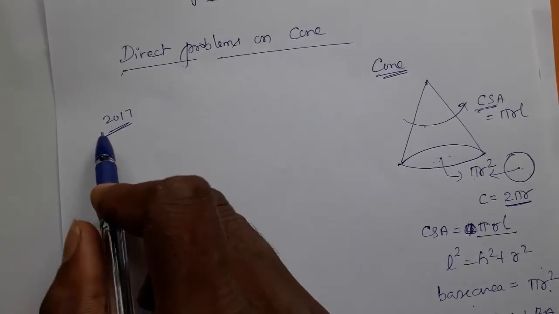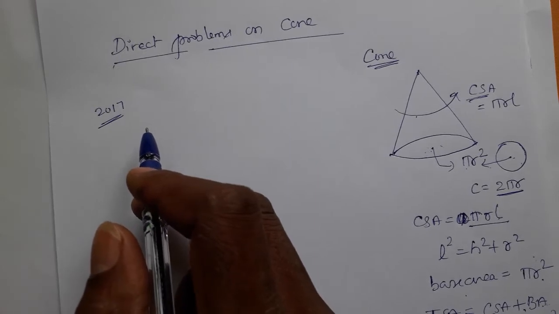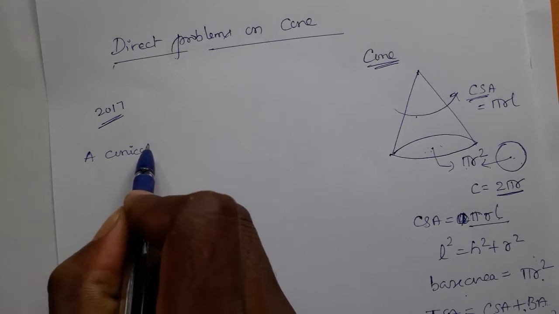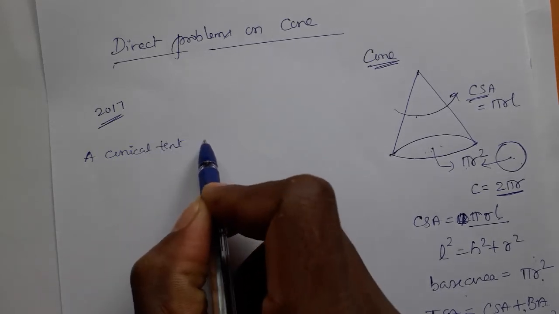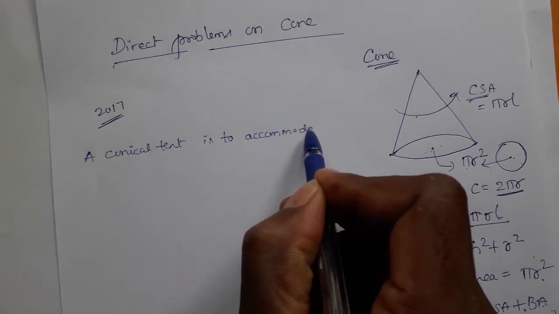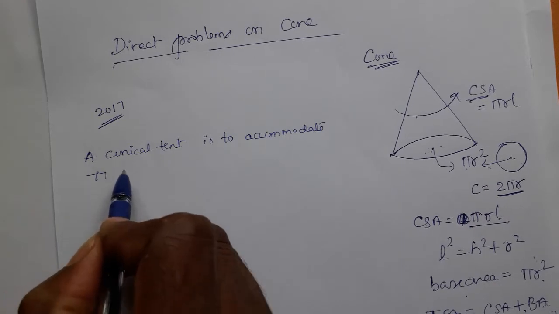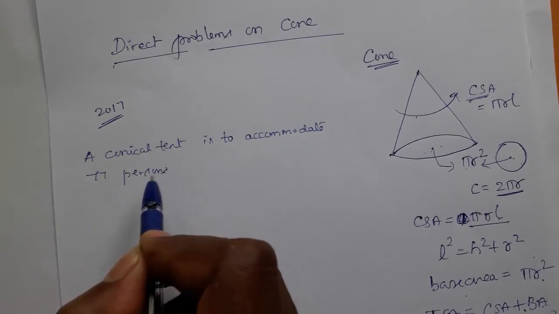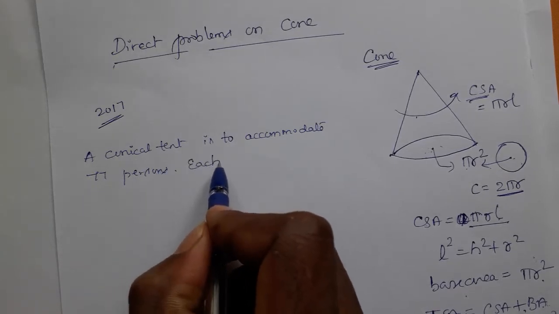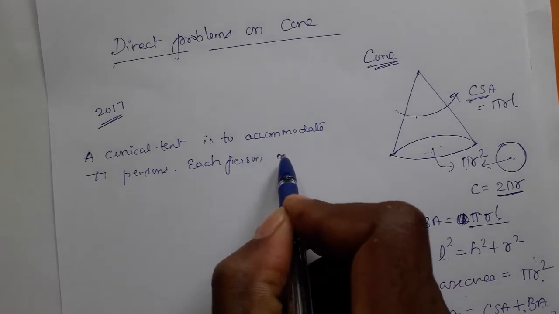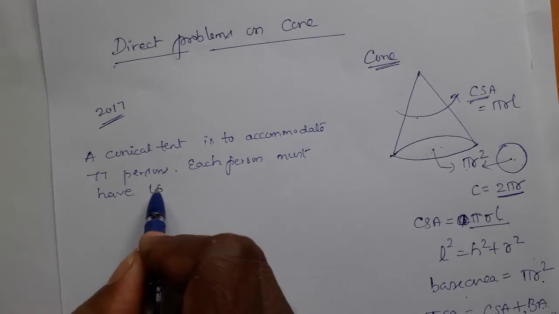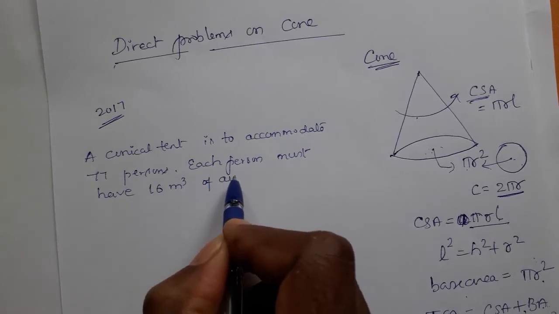Now we go for the 2017 board paper question. The question is as follows. A conical tent is to accommodate 77 persons. Each person must have 16 meter cube of air to breathe.